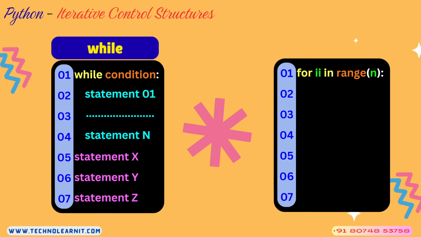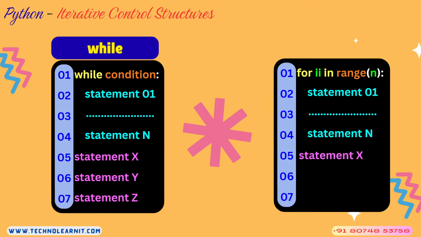For some variable I have taken here, you can put x, p, y, anything, in range n. And then the statements that you want to execute repeatedly, as long as the condition remains true, have to be indented to the right. And the statements that you want to exclude from the body of the loop have to be left indented.